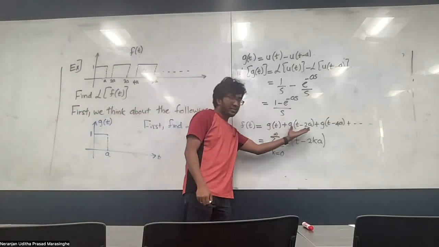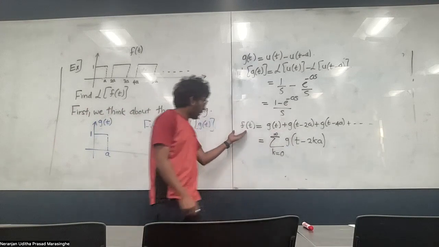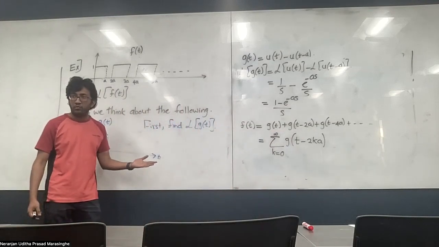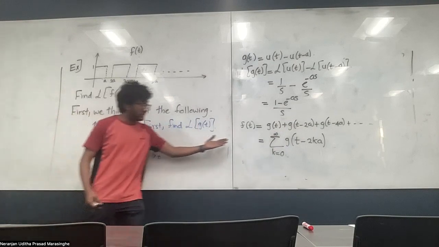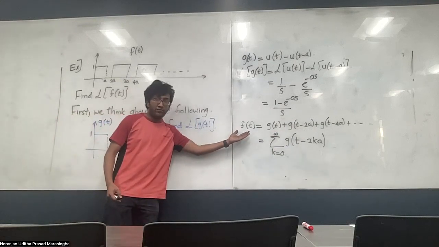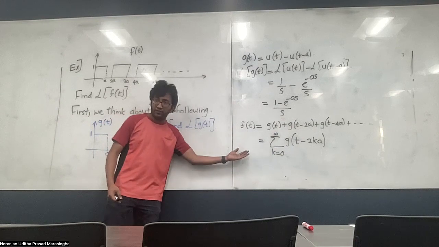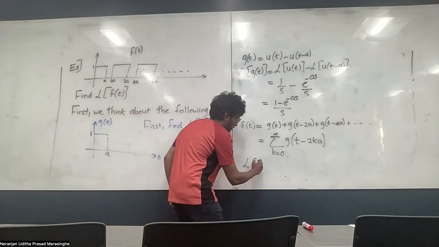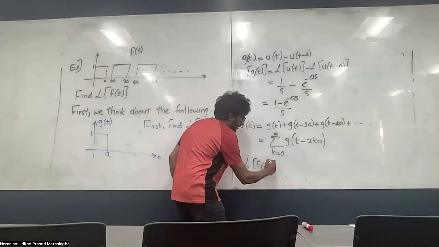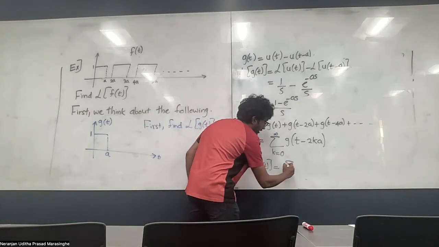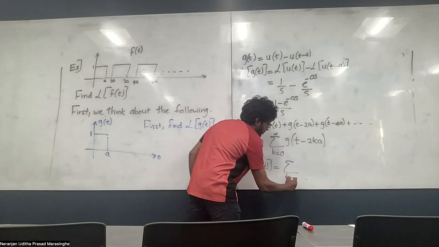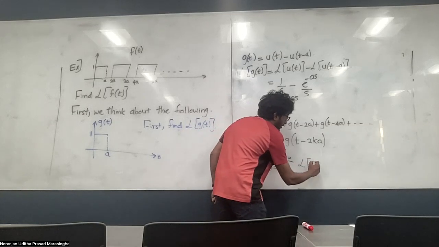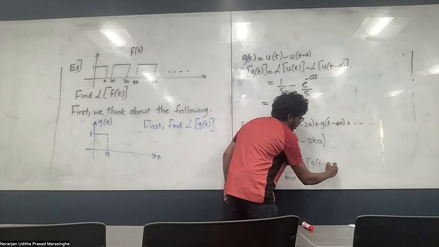Now I have a summation on my right hand side, and on my left hand side I have f(t). Now I would apply the Laplace transform to both sides. On my left hand side I would get the Laplace of f(t), and on my right hand side, by linearity, I would get the summation as k goes from 0 to infinity of the Laplace of g(t minus 2ka).